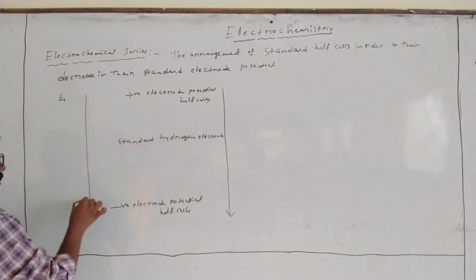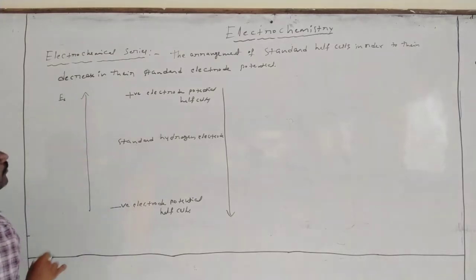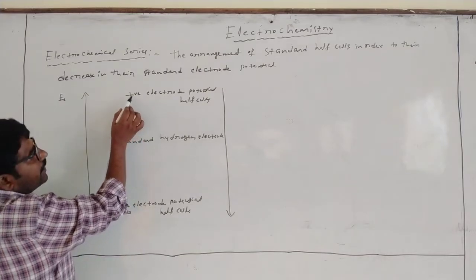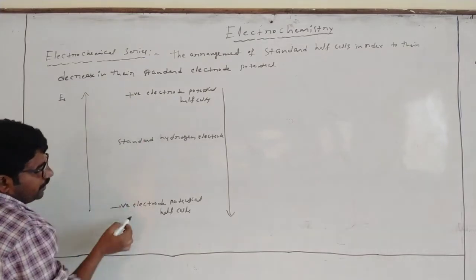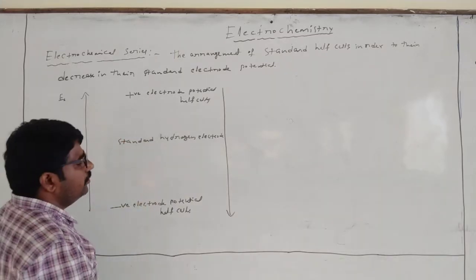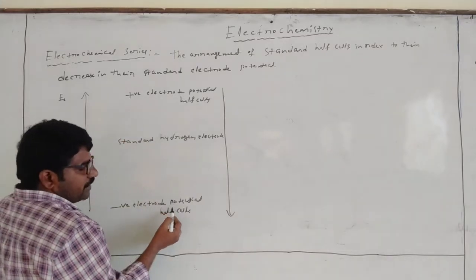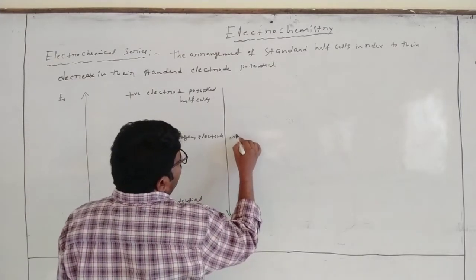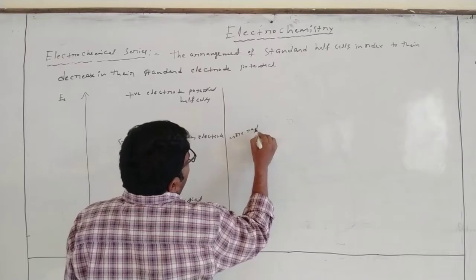Keep one point in mind: when the half cells are arranged from positive to negative, this is called decreasing order. When the half cells contain more negative values, they have more reducing power.